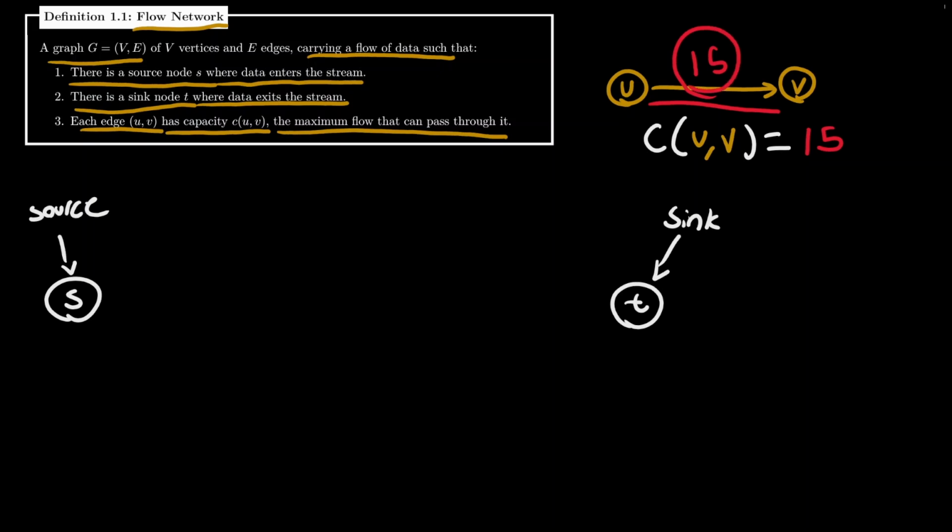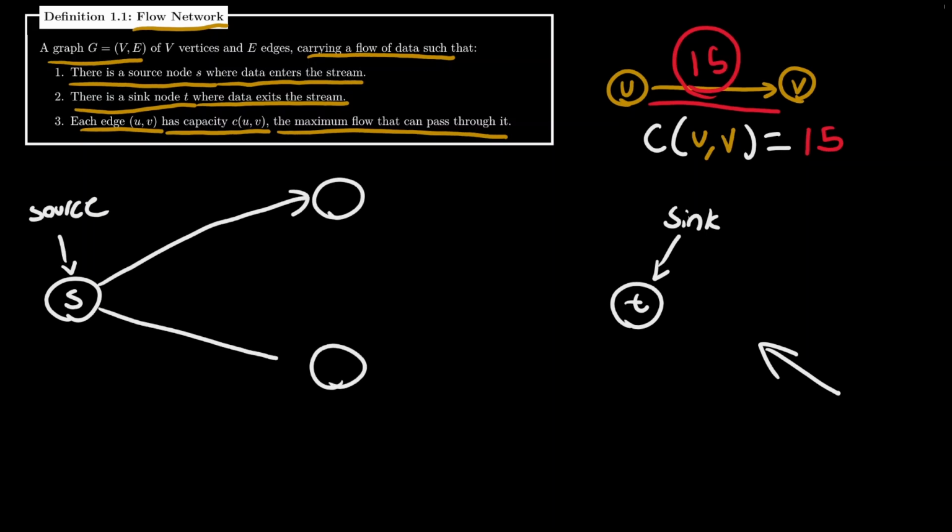So what does this look like in an actual graph? Let's call this graph G. We start with these two nodes, the source and the sink, and let's just have two intermediary nodes. We're going to have a directed graph because the data is going from the source to the sink. You can think of this as a water system, where we put water into the entrance of the pipe system.